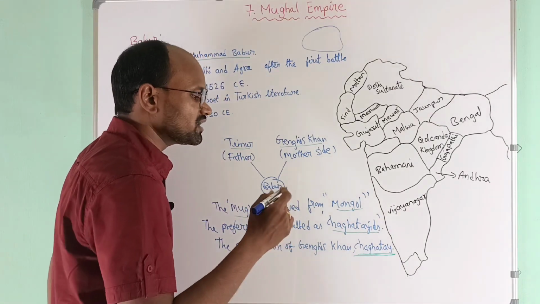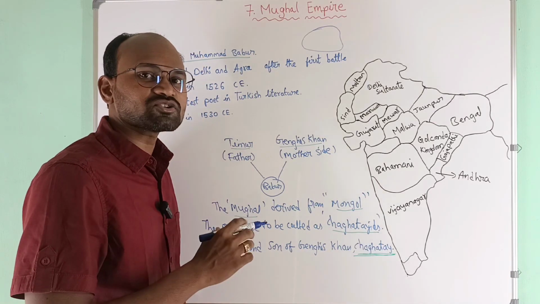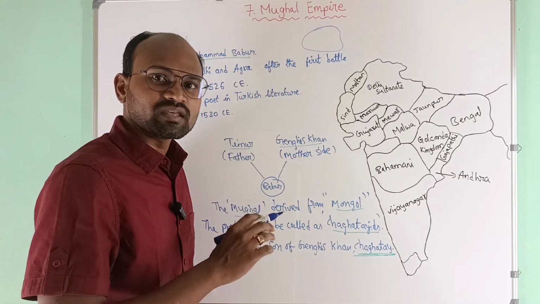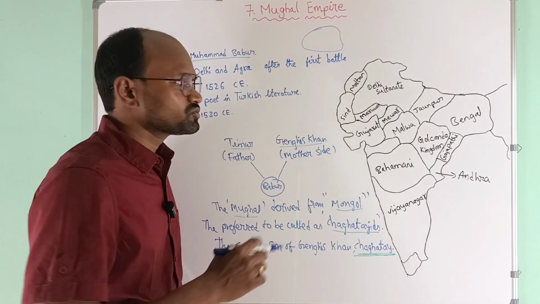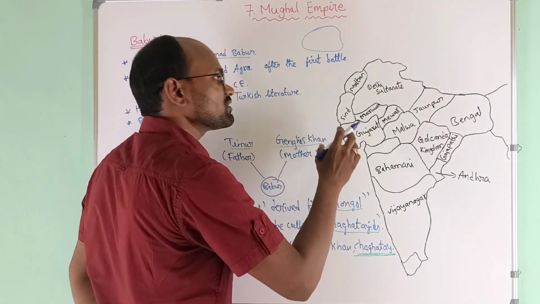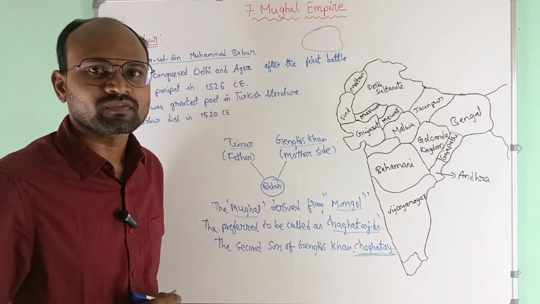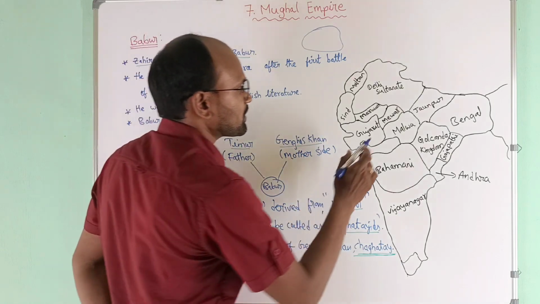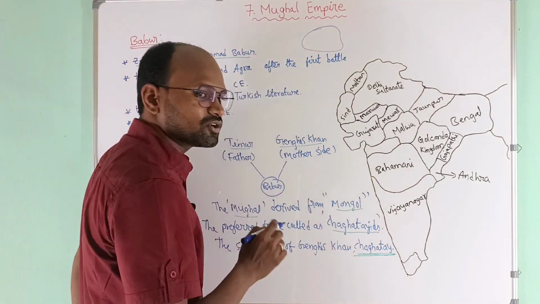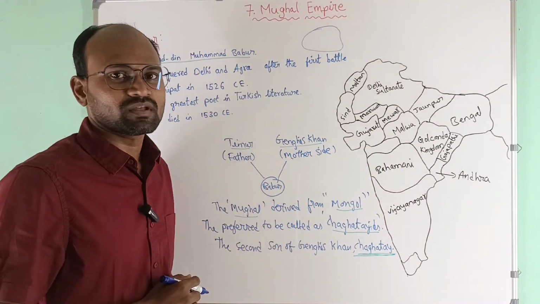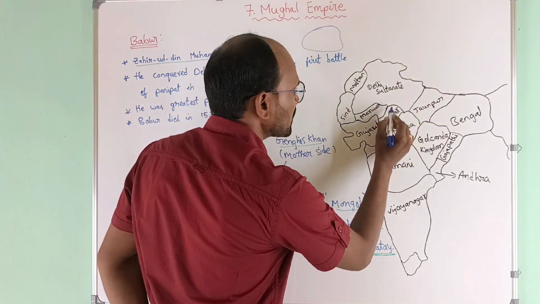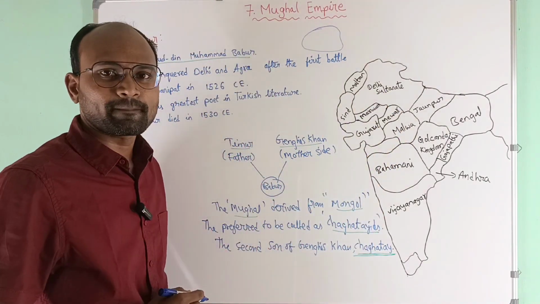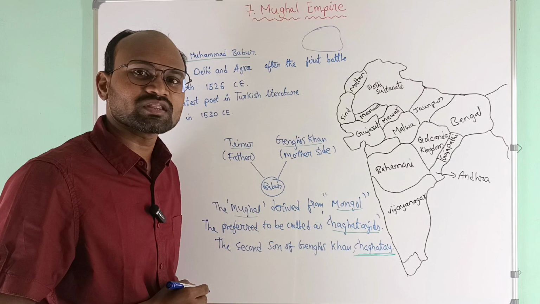But by the end of the Lodi dynasty, the last ruler of the Delhi Sultanate was Ibrahim Lodi. When Ibrahim Lodi was ruling in Delhi, there were conflicts between the Mewar ruler and Ibrahim Lodi. Who was that Mewar ruler during that time?